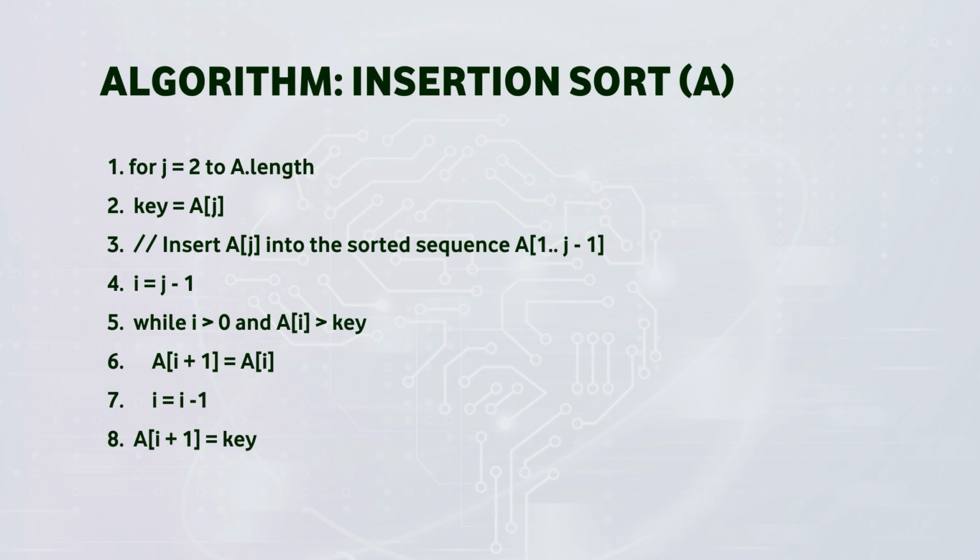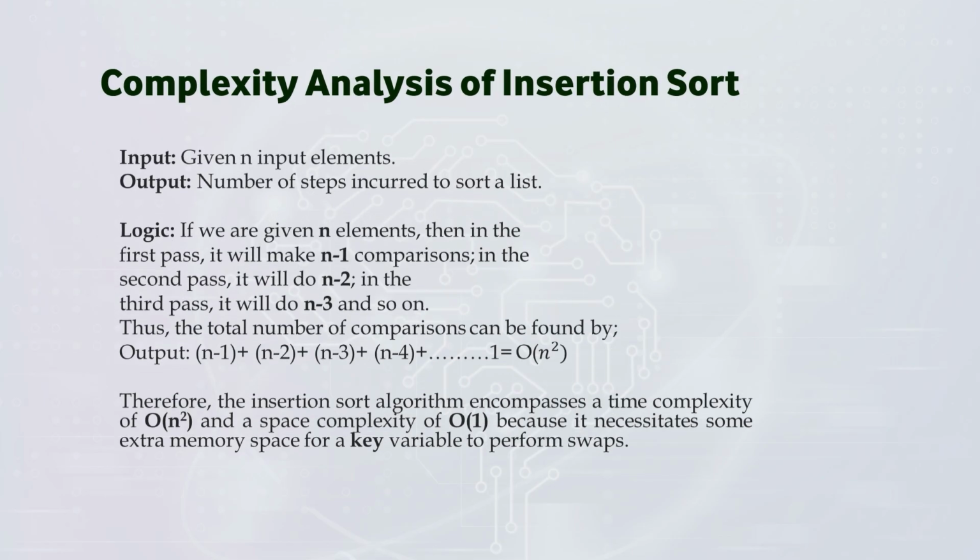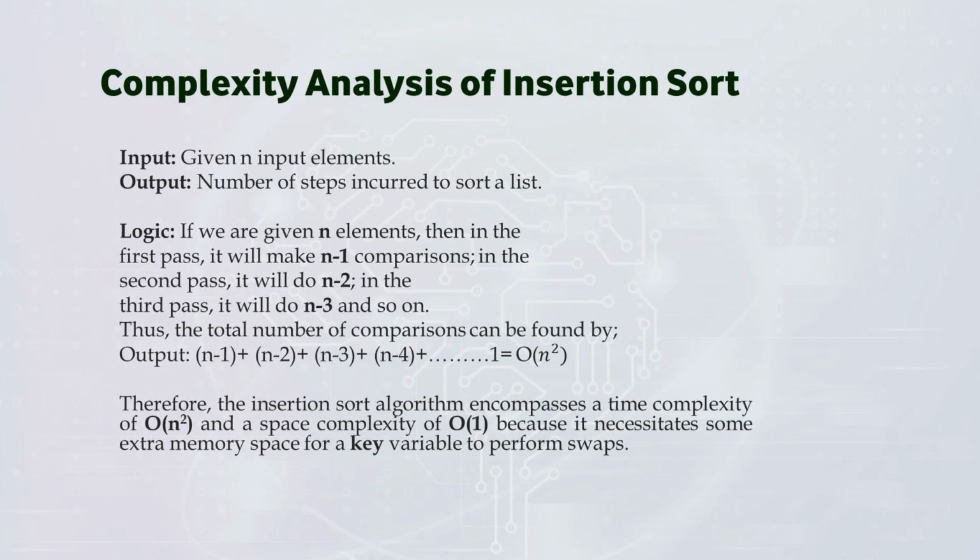Now let us look at the logic of this insertion sort. The input is n input elements, and the output is the number of steps incurred to sort the list. If we are given n elements, then in the first pass it will make n minus 1 comparisons, in the second pass a maximum of n minus 2 comparisons, and in the third pass n minus 3 comparisons. So the total number of comparisons is n minus 1 plus n minus 2 plus n minus 3 and so on.